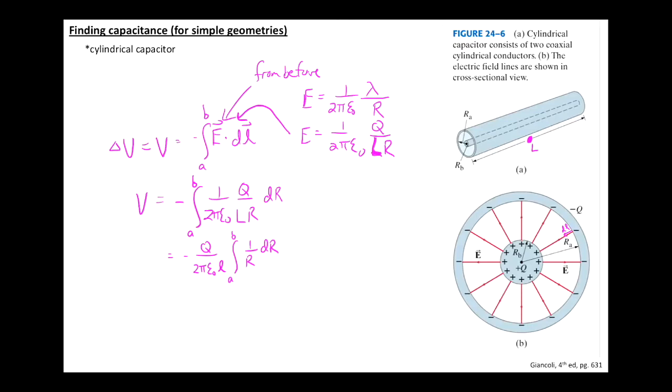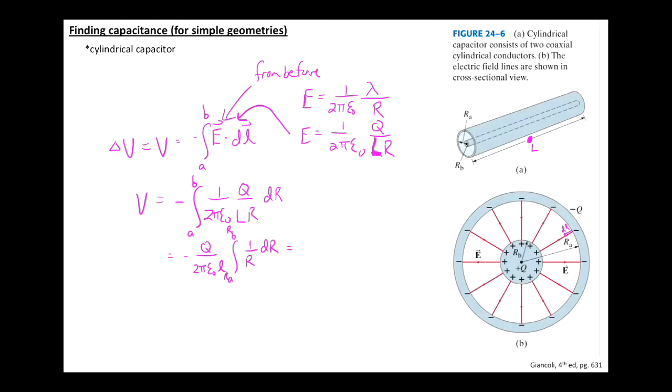So this thing here at the bottom, from A to B, now that we're integrating with respect to dr, then we could say that this is from RA to RB, from the outer radius to the inner radius. And then what are we going to end up with?